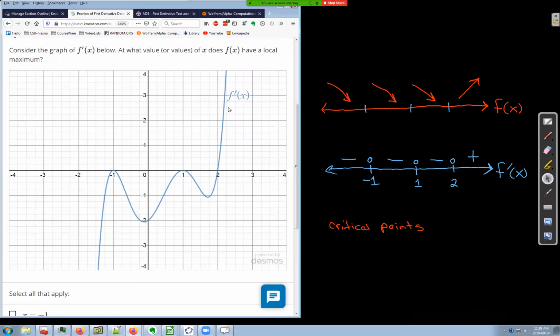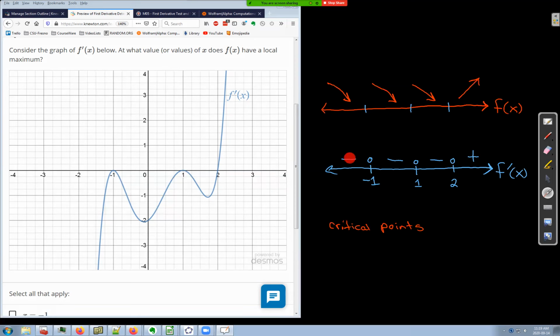One way to think about this is, this looks really scary. This looks really complicated when you first see it. You might think, oh my gosh, this is a really hard problem. But the secret is that if you're looking at the derivative and you want to make predictions about the original function, you do not care about the details. You do not care about all the little ups and downs.